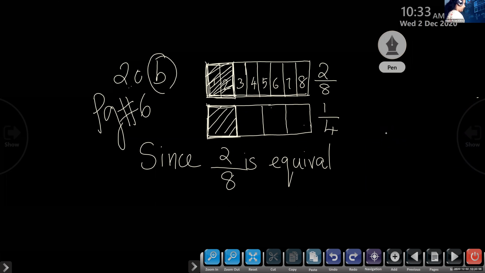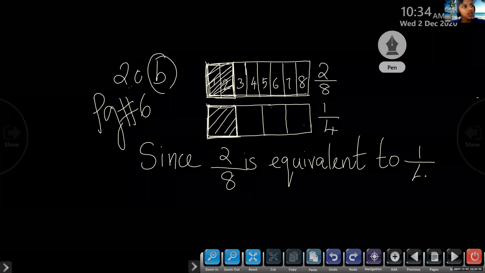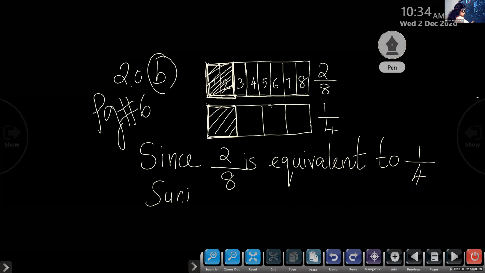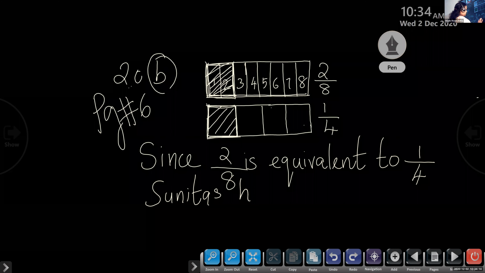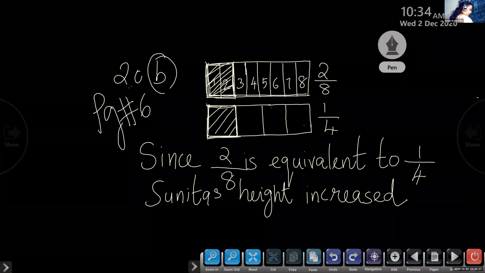Since 2 by 8 is equivalent to 1 by 4, Sunita's height increased equally in 2 months.